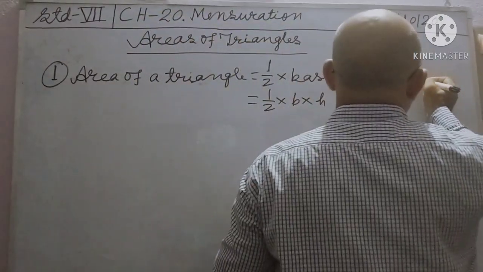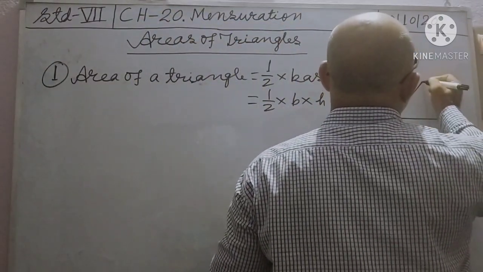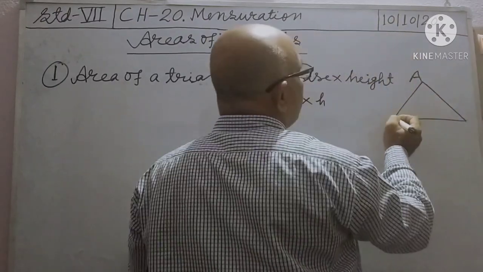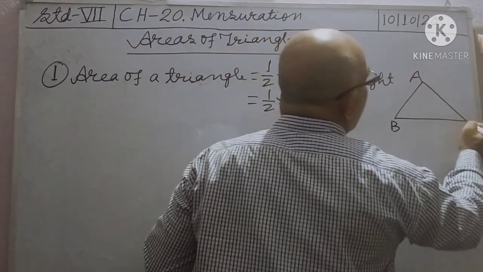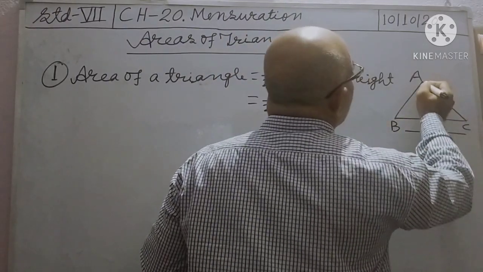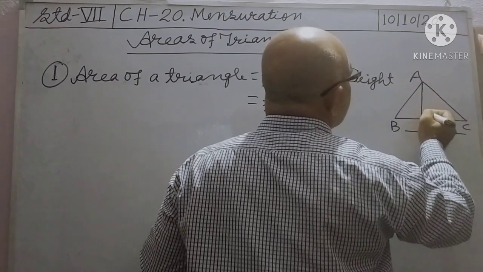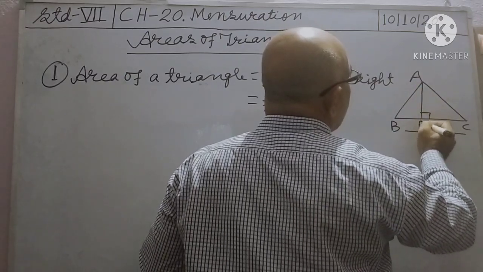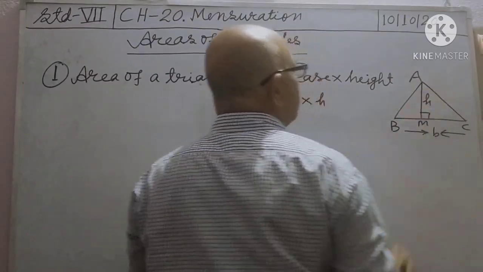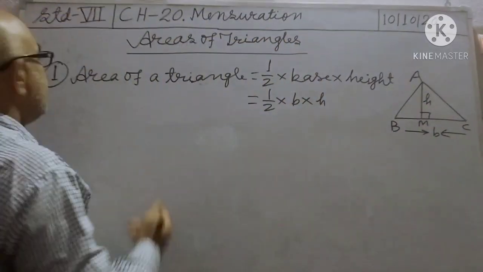Figure of this type of triangle is ABC. B is the base and height AM. AM is height H. So b into h.